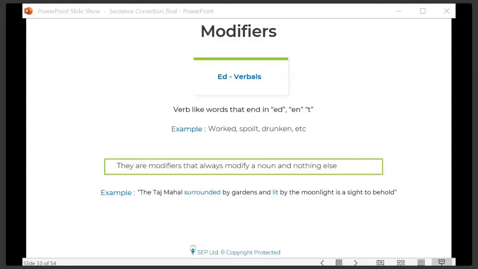Just type in the words which you believe are verbs quickly. And I'll give you a very important tip here in case you are confused.